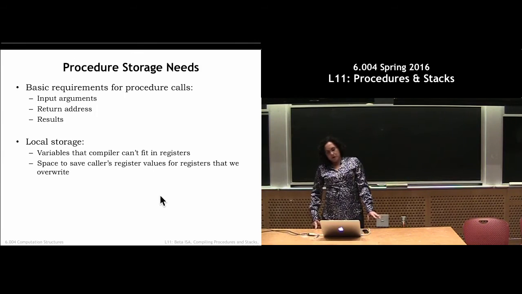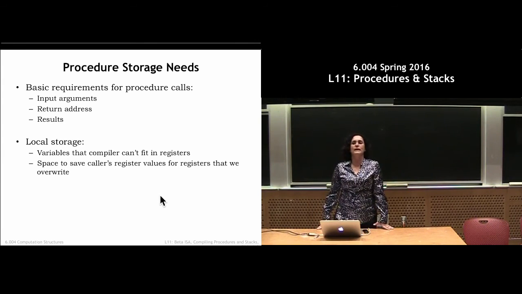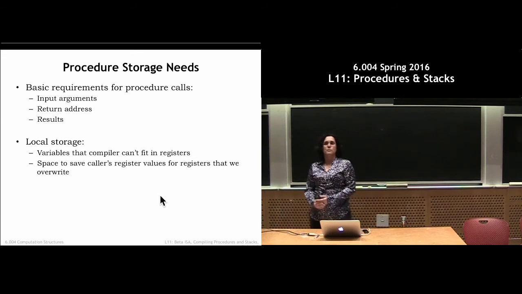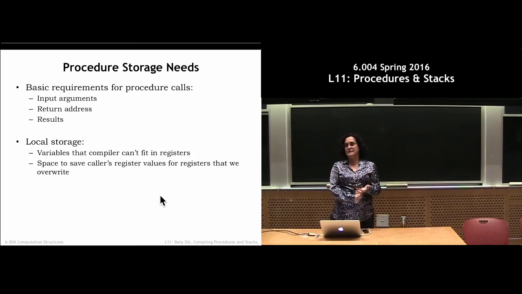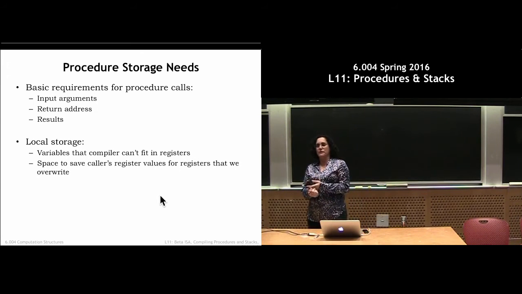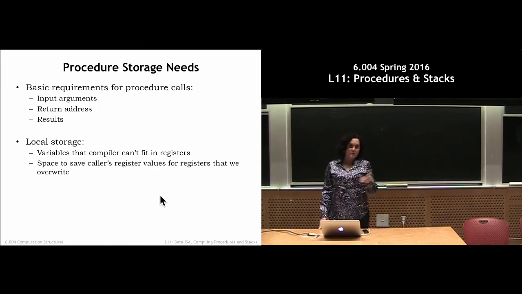All right. So let's think about what every single call of the procedure actually needs in order to work properly. So we've talked about input arguments. We've talked about needing to know the address to return to when it's done executing its instance of the procedure. And we have to have a place to store the result. We also might need to store some local variables.